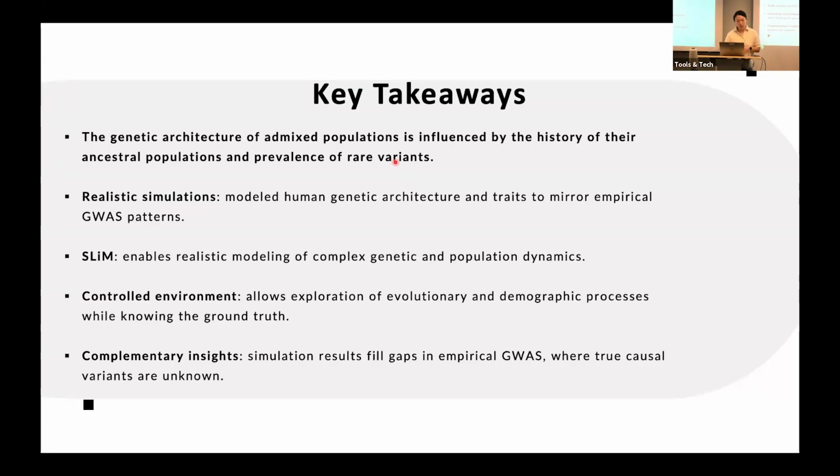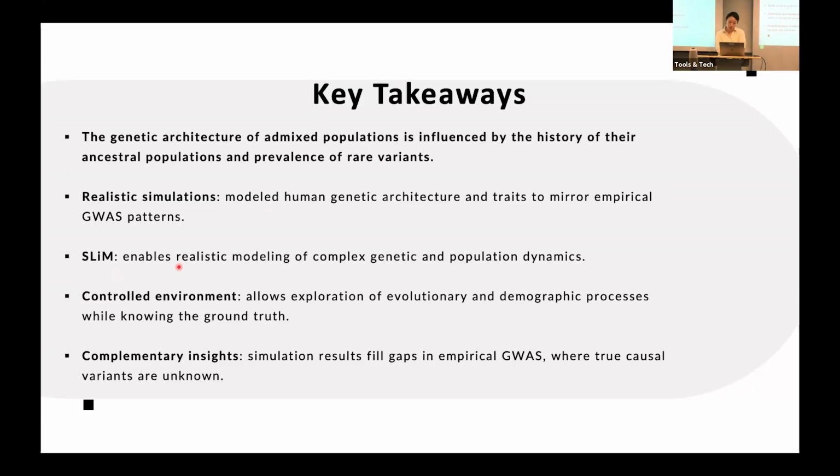We are able to do this using a genetic simulator like SLiM, which allows us to do realistic modeling by incorporating evolutionary and demographic processes while knowing the ground truth. Simulations have become one of the cornerstones in the field of population genetics.